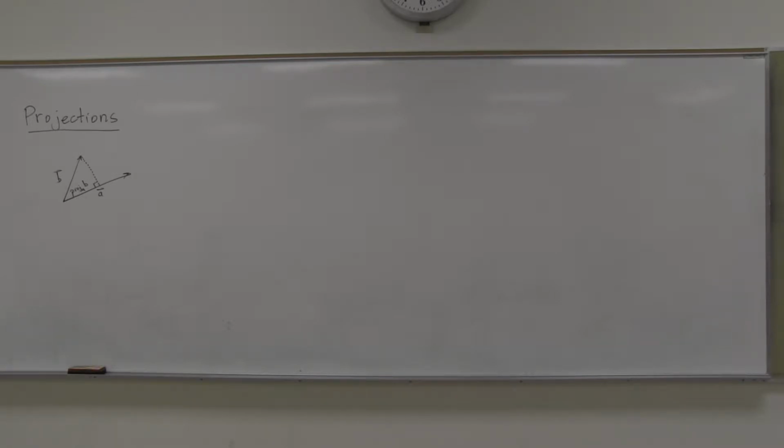But that vector there is called the projection of B onto A. A is this whole thing. The projection of B onto A is just that little piece right there. So it's kind of a shadow, one way I've seen it described, thinking about the shadow at high noon or whatever.